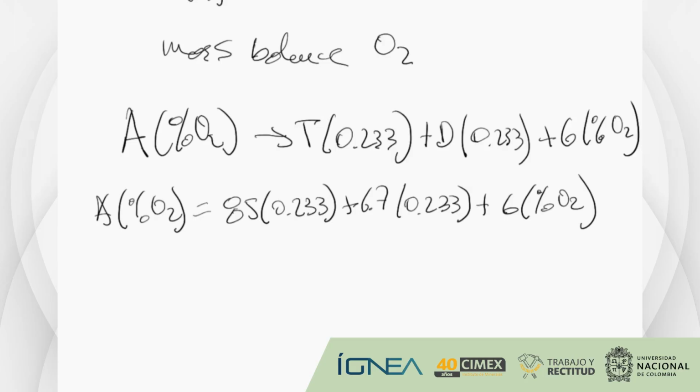If we make the calculations, the air, the percentage of oxygen, is the number we have here plus 1.6 plus this one, because the percentage of oxygen is the percentage of sulfur.